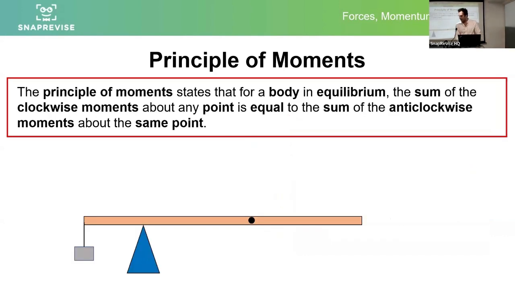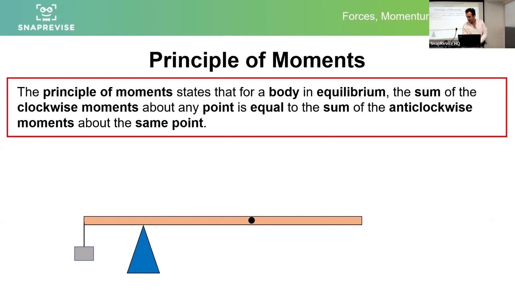Okie dokie. The principle of moments states that for a body in equilibrium, the sum of clockwise moments about a point is equal to the sum of anti-clockwise moments about the same point.